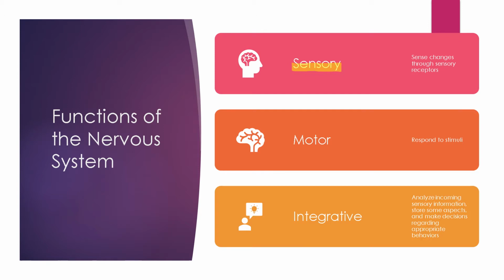So this sensory information is then carried to the brain and the spinal cord through cranial and spinal nerves. There's also going to be motor neurons that send information from the central nervous system to the peripheral nervous system to respond to the stimuli that is sensed by sensory neurons.